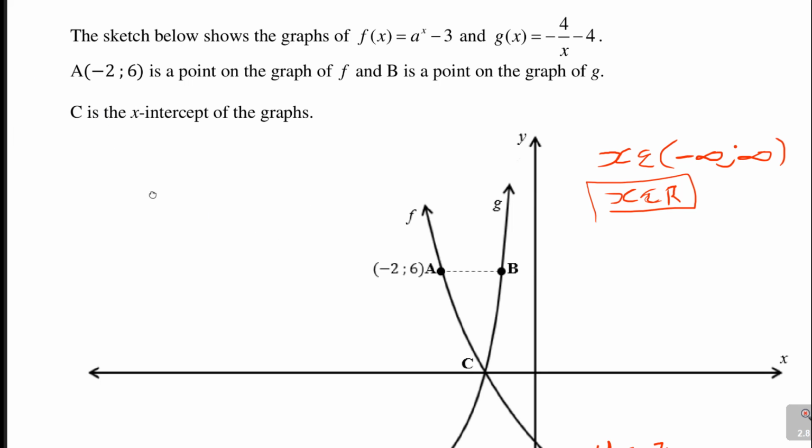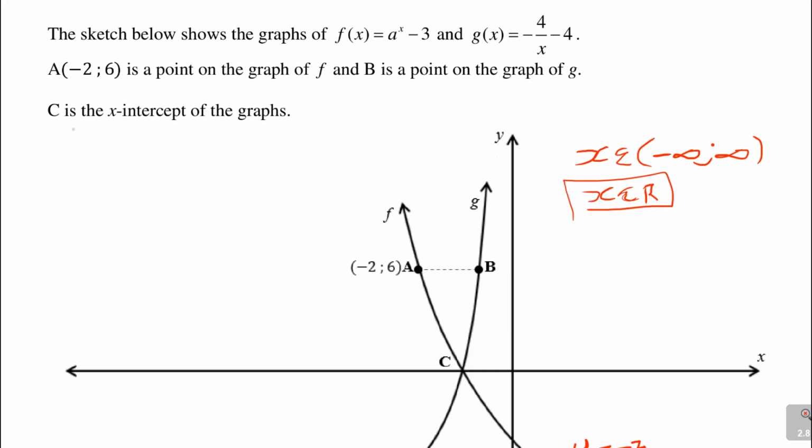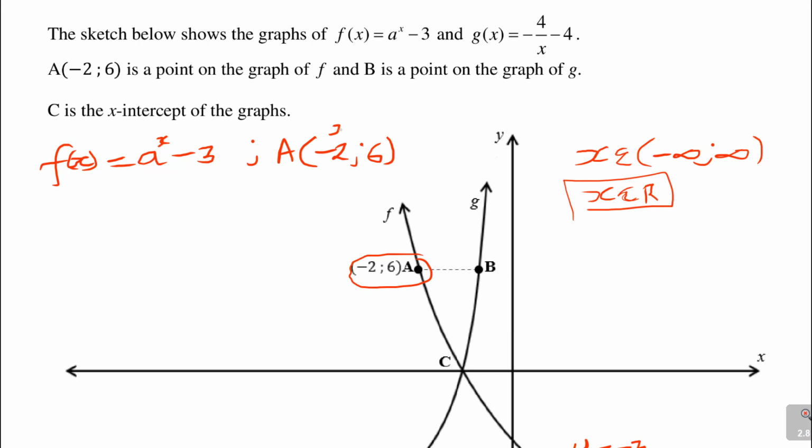We have a point here, that point is (-2, 6). Remember, these are x values and these are y values. You now substitute. f of x is the same as saying y because it represents the y values.